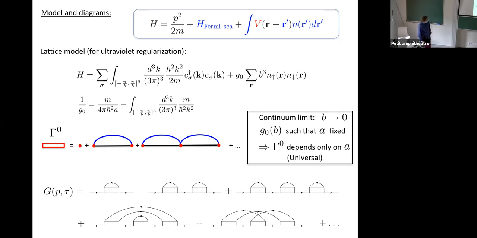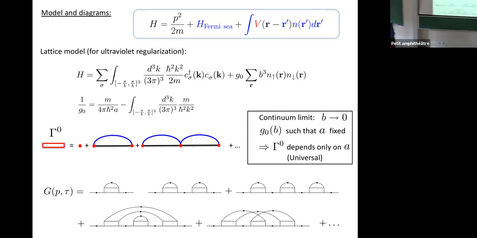There is one rule which we have to use, that is that we cannot include any ladders anymore. This is because any ladders have been included in gamma naught. So if we have a ladder in a diagram, it should be excluded, otherwise we are double counting.